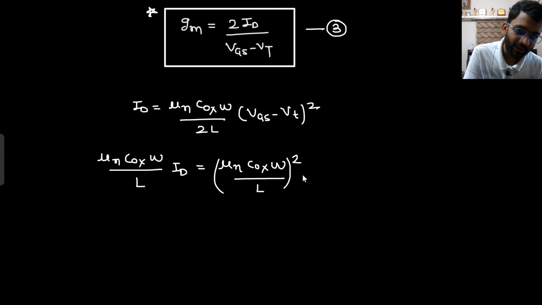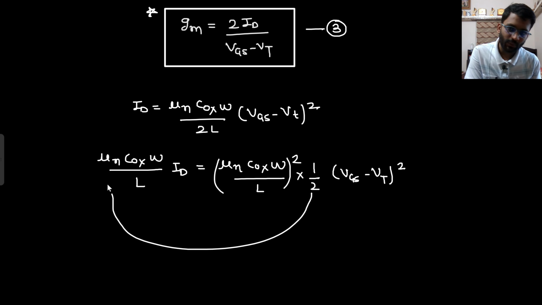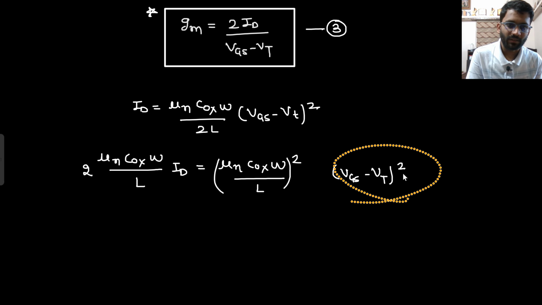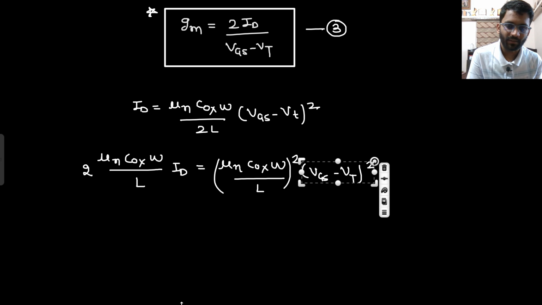Mu n Cox W by L, it will be the whole square, into 1 by 2, VGS minus VT whole square. I can bring this 2 here, right? So I will remove it from here. This 2 I have removed from here and brought it here. So what do you get?